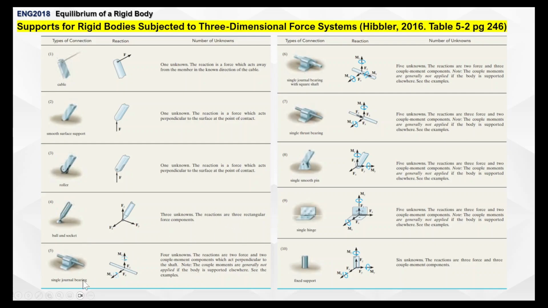Next one is the single journal bearing, which is really popular for machines, especially with long shafts, so that there are not many moments there. There are 4 unknowns here. The reactions are 2 forces and 2 coupled moments, which are perpendicular to the shaft. Why?